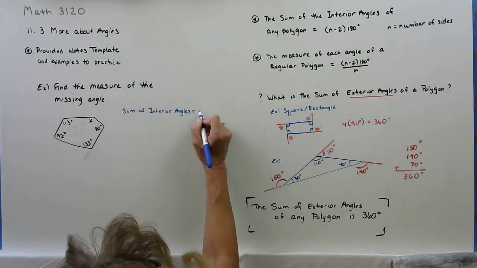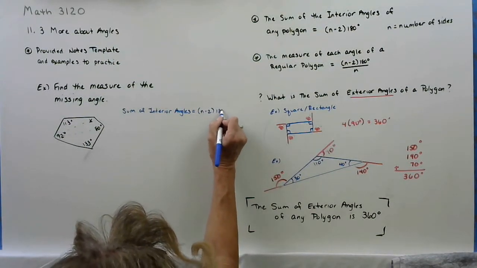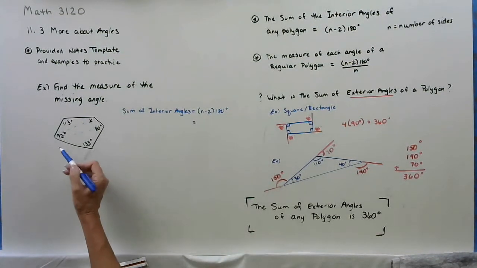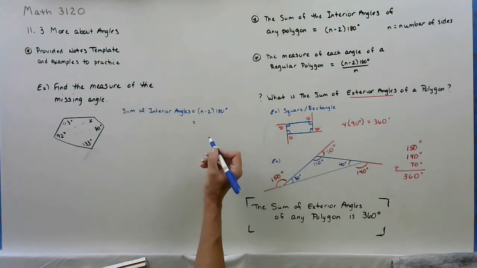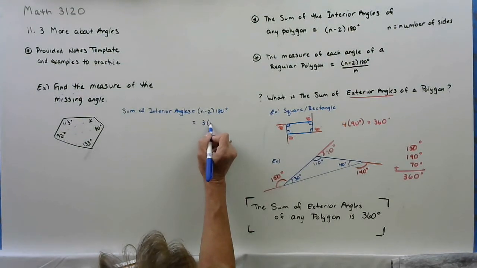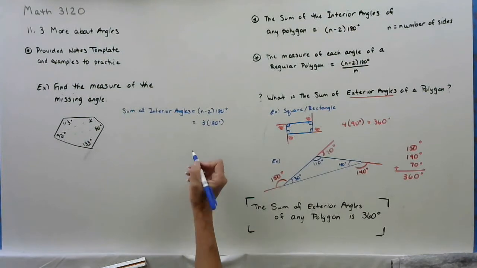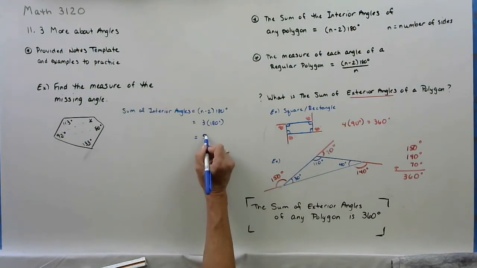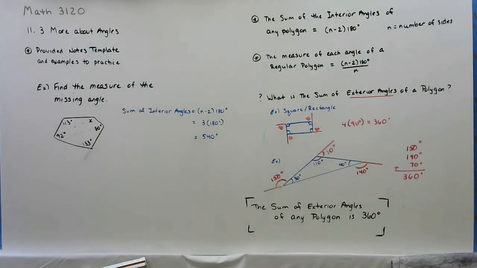So I have n minus 2 times 180 if you want to use the formula, or if I divide this into three triangles, that makes sense because there's 5 sides. 5 minus 2 is 3 triangles, of which each of them has 180 degrees. So I know the total sum should be 540 degrees. So the sum of the interior.